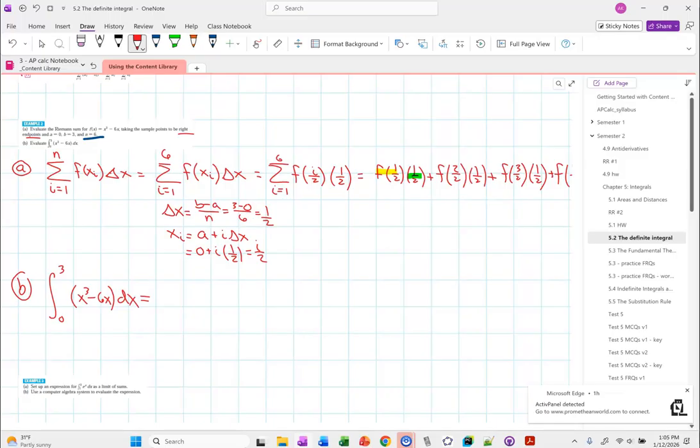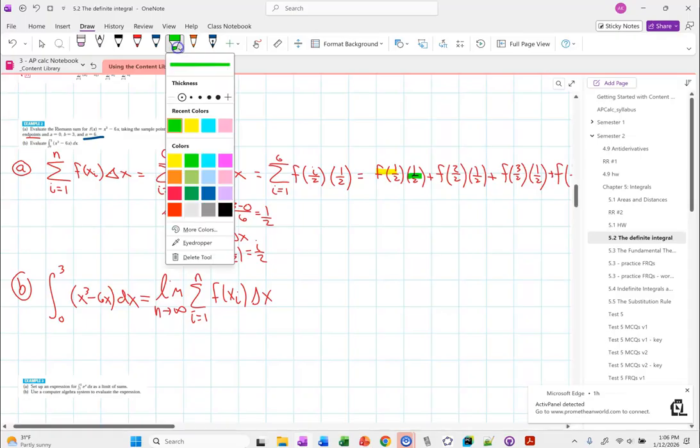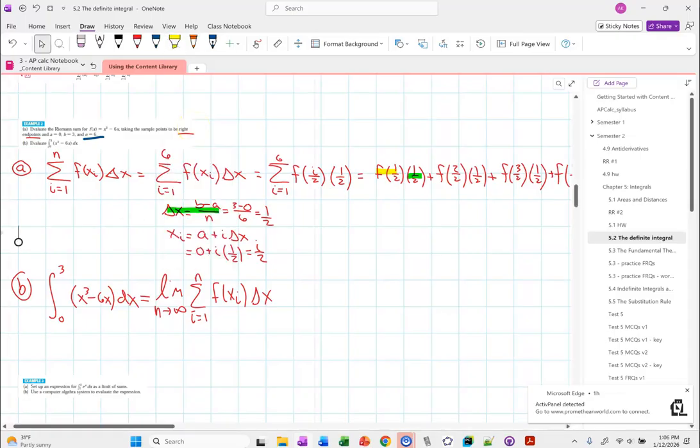To do that, we're going to have to look at the limit as n goes to infinity of our Riemann sum, where we know that this is delta x, and this is x i.